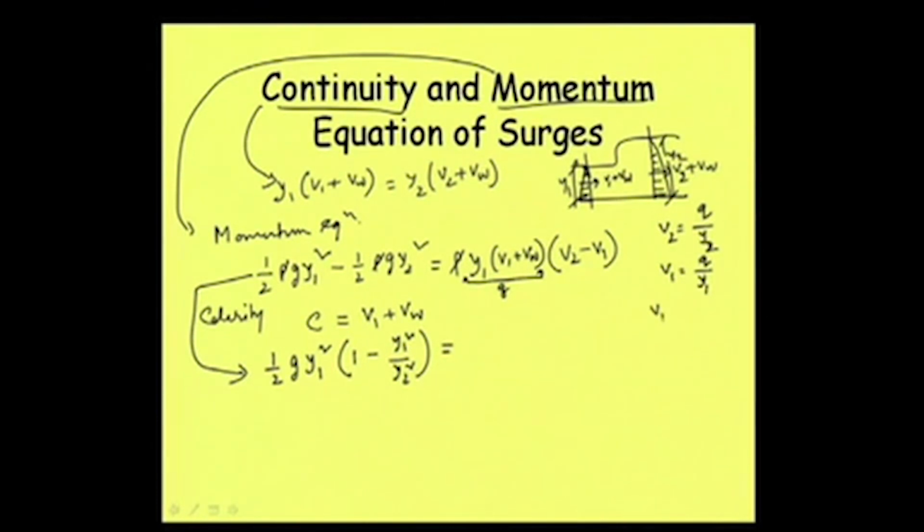Again from the continuity equation we know that v1 y1 is equal to v2 y2. So q is equal to y1 into v1 plus vw, and v2 can be written as that divided by y2.